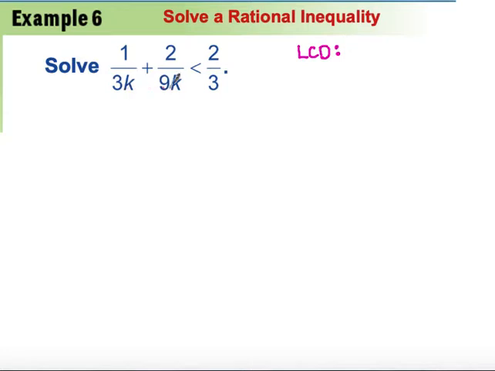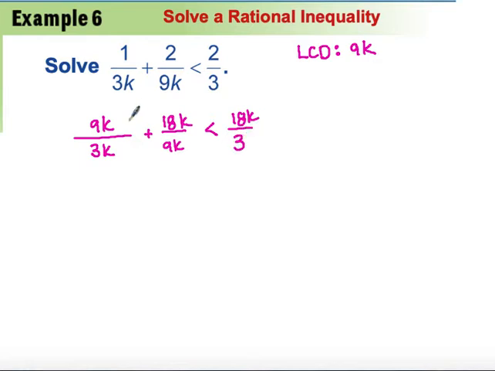So I'm first going to find my LCD in this problem, and my LCD is going to be 9k. Just like I did in the past, I'm going to multiply each term, because I'm multiplying everything on the left and everything on the right by 9k. So that's going to give me 9k times 1, 9k times 2 is less than 9k times 2.